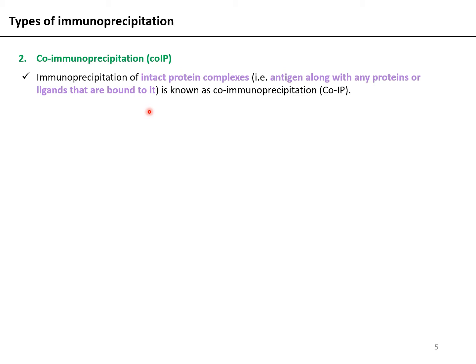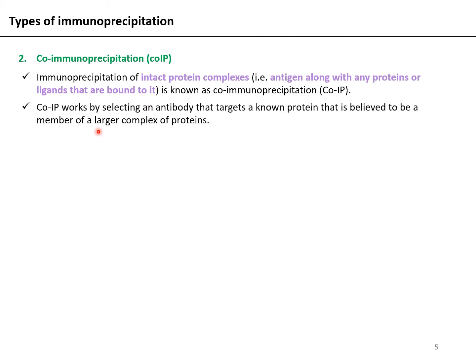So in co-immunoprecipitation, let's say you have a protein A and you know that it is interacting with certain proteins, but you do not know what other proteins it is interacting with. In that case, you can do a co-immunoprecipitation experiment. You simply pull protein A out of solution using antibodies specific to it, and along with it, any interacting partner will also be pulled out.